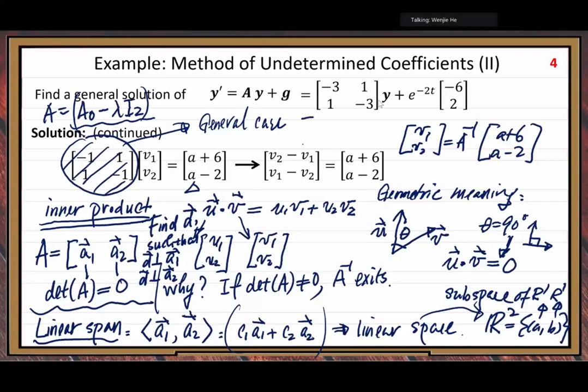You just solve the A matrix, A11, A12, A21, A22, times x1, x2 equals 0.